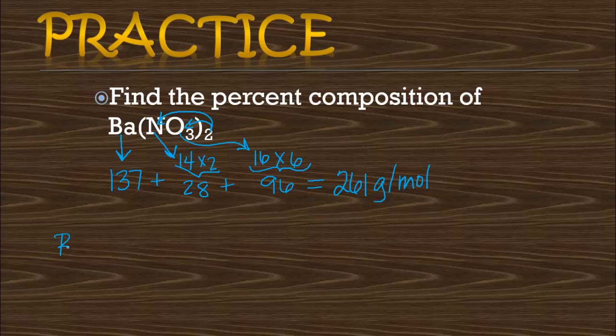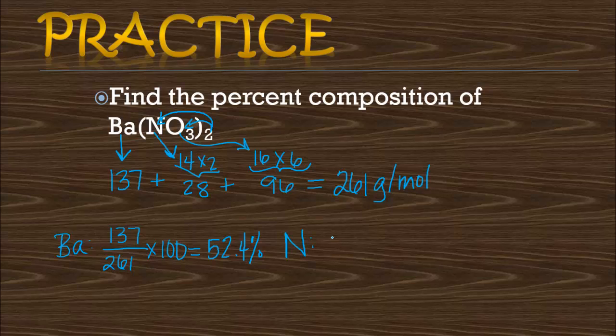So for Ba, I would take 137 over 261, multiply it by 100. So I get about 52.4%. Then I'm going to break up NO₃. Because I want to find the percent composition, I'm going to break it down.